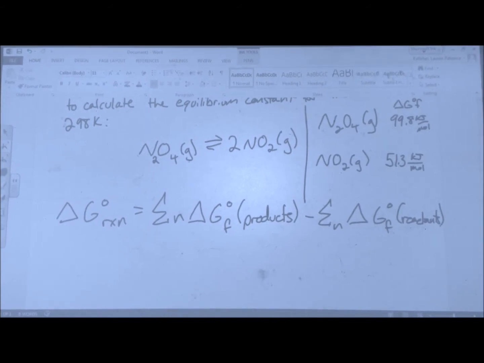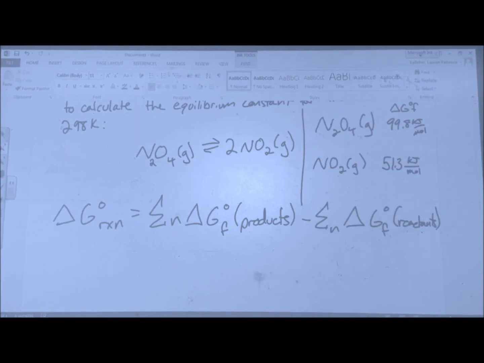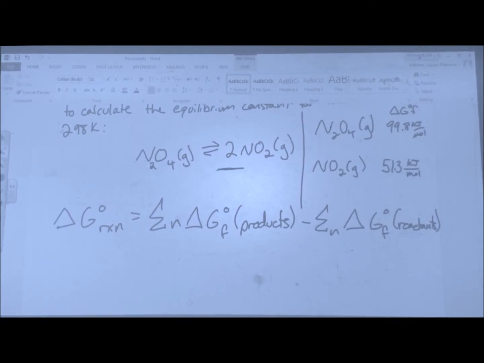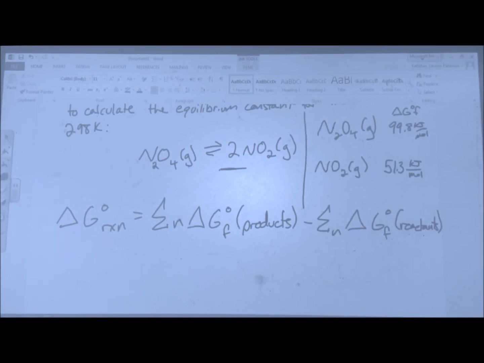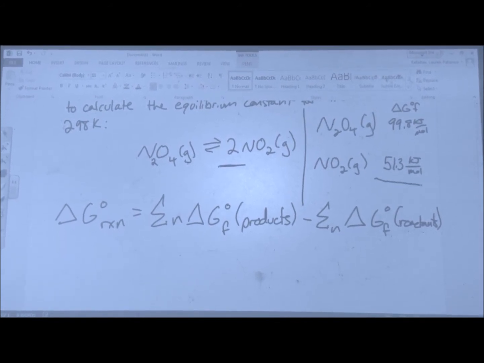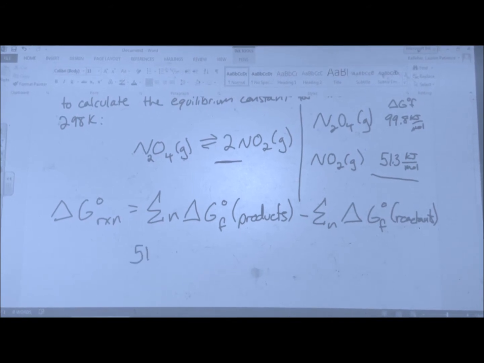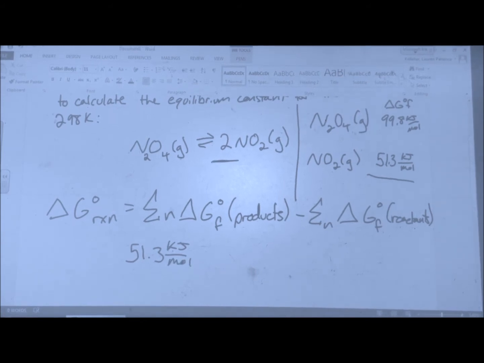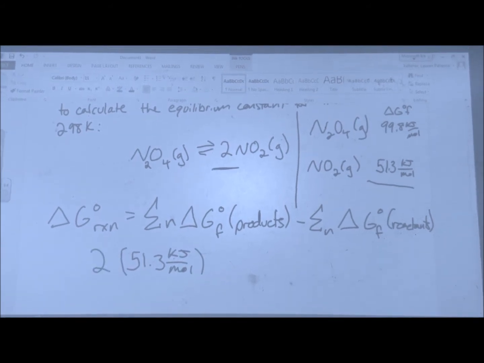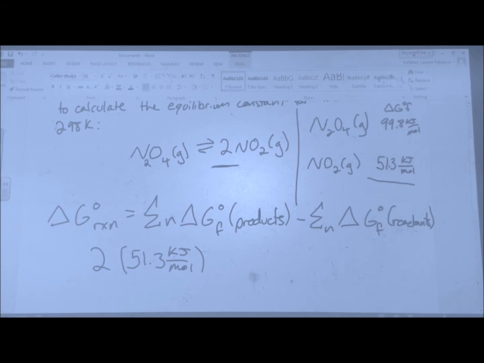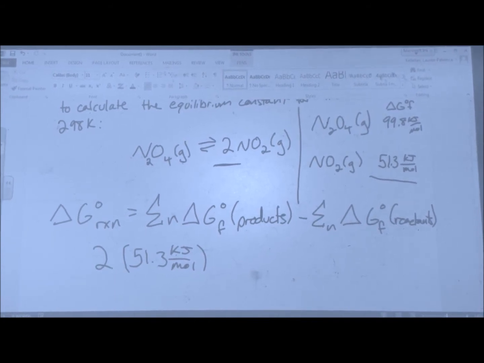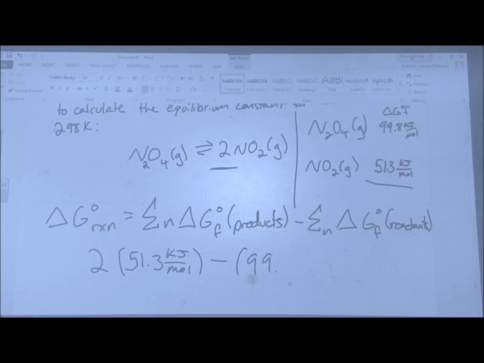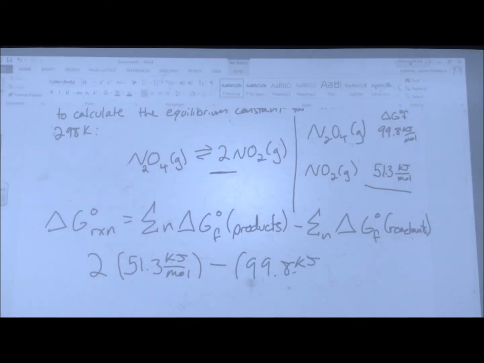So we have to go ahead and plug in our values for this. But we also have to take note of the coefficient right here. So when we write our equation, it's going to be 51.3 kilojoules per mole times 2, which came from the coefficient from the NO2 gas, minus 99.8 kilojoules per mole.